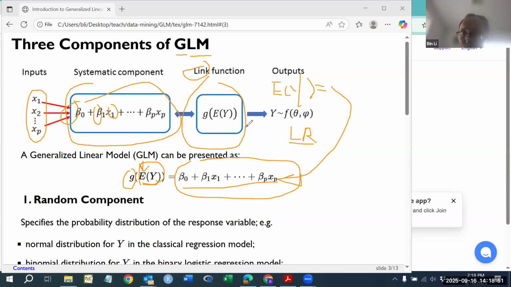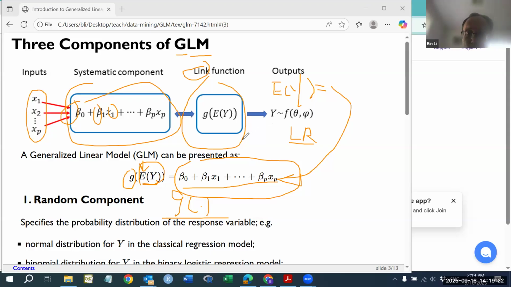In the special case, when g, the link function, is an identity function, just the argument itself, then the GLM becomes the traditional linear regression model. That's the connection. But it can go beyond that, so that's why it's a generalized linear model.